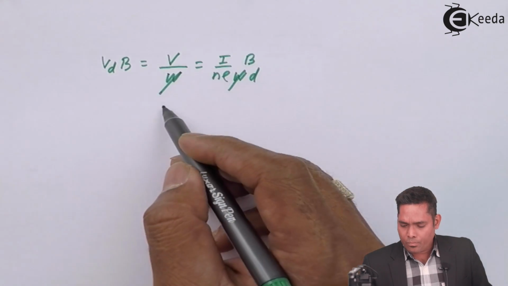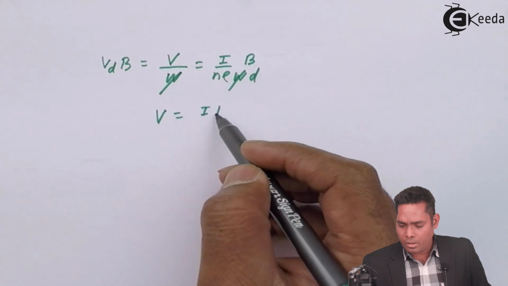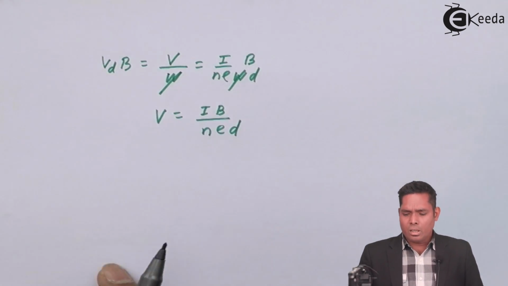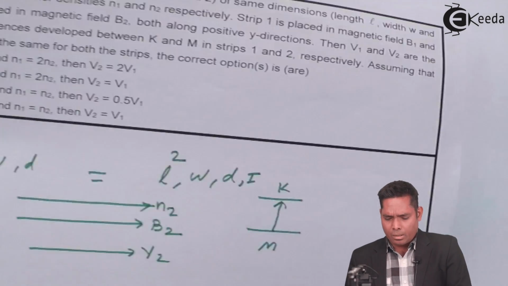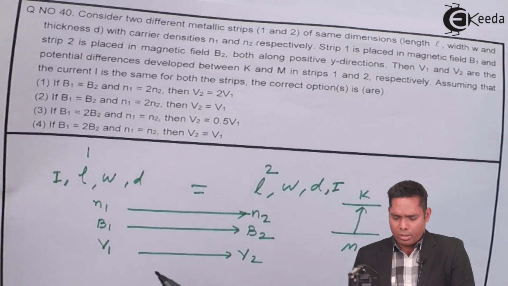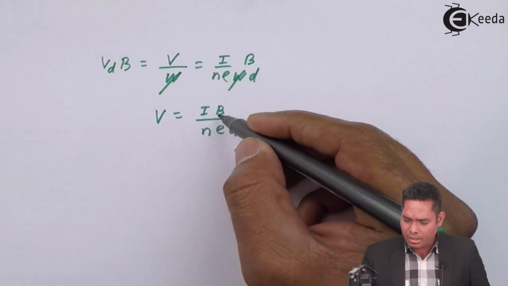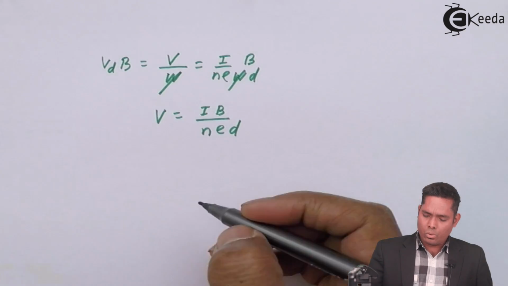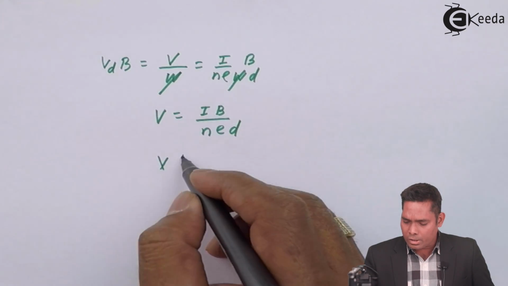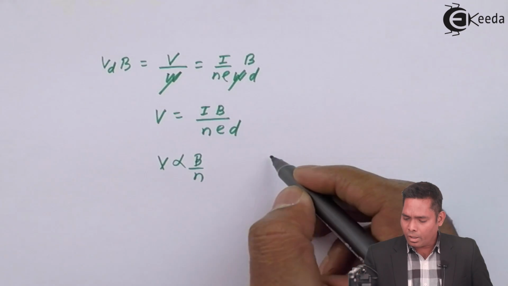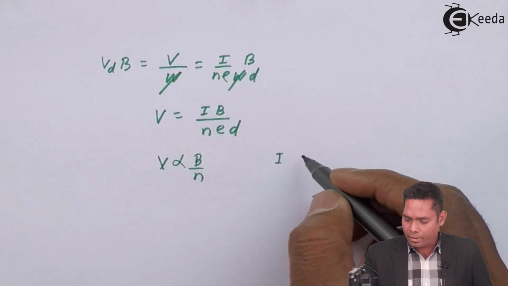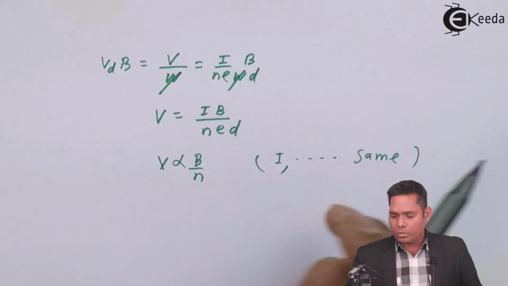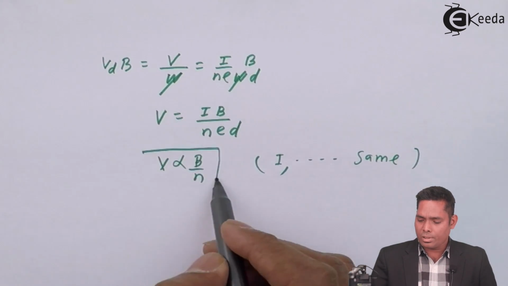W cancels, so V is I B divided by N E D. Putting the condition that B and N are different, and I, E and D are the same, V is proportional to B by N.